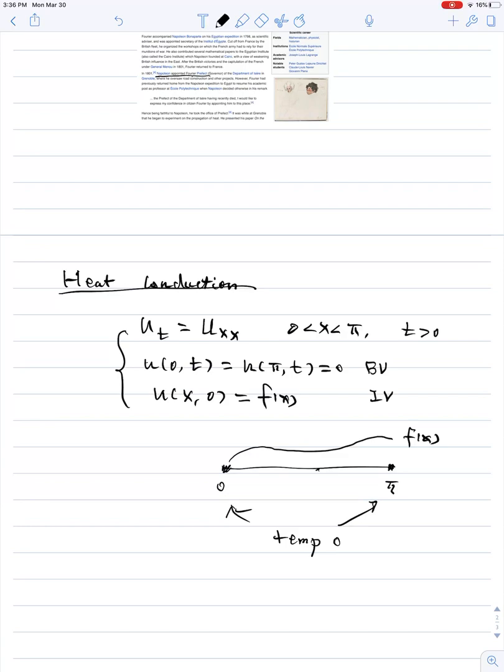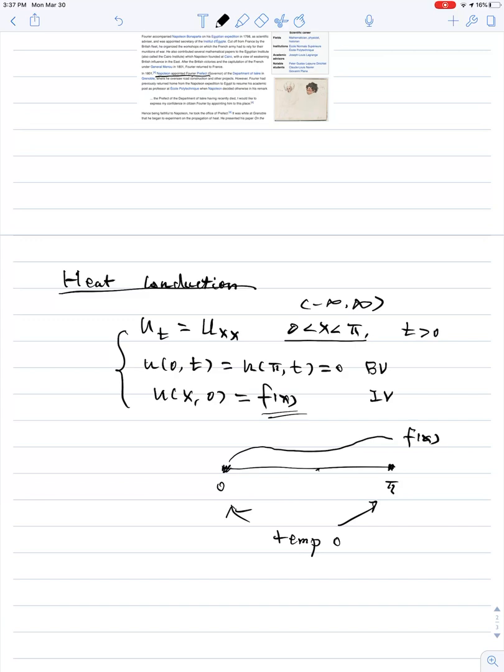Now, if this interval is from negative infinity to positive infinity, then we know how to solve this using the Green's function or the heat kernel, and we can express the solution in terms of the initial condition.